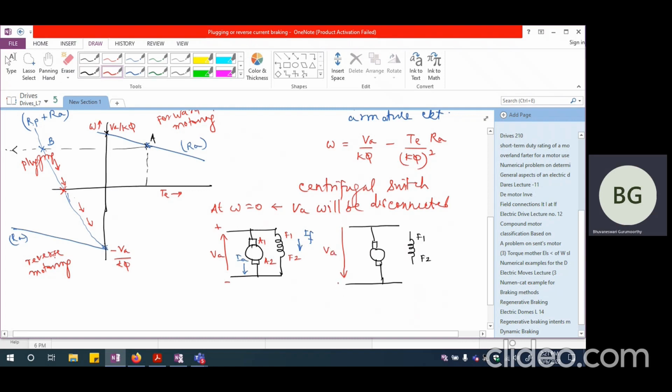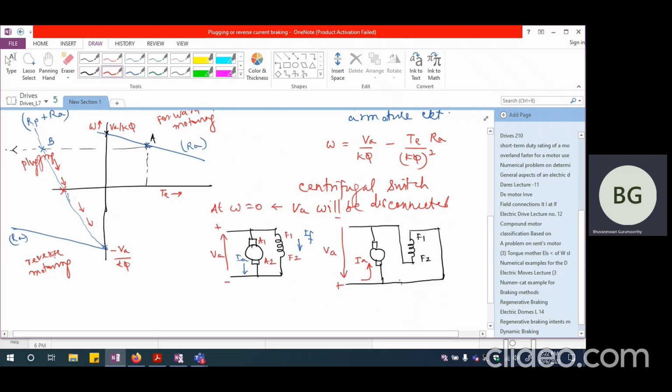So VA is going to have positive here and negative here. So very clearly I'm going to have IA flowing in the opposite direction. But if both IA and field current both reverse, in that case the torque is not going to be a braking torque. So that is the reason why I have to disconnect and reconnect the field in such a manner that the field current does not change its direction.